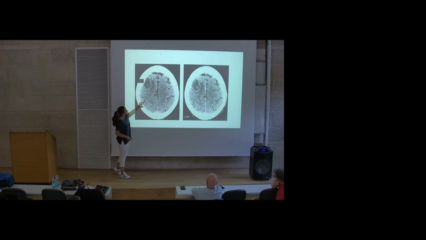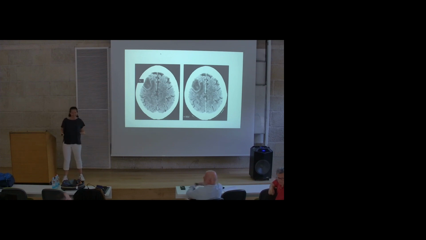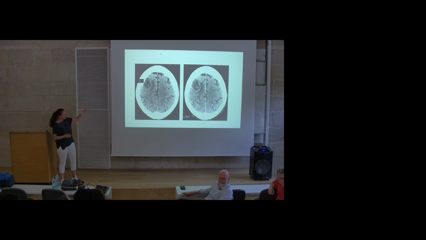So this is the left region, and we will talk about anatomy a little. Are you familiar with the brain anatomy? Okay, perfect. So what do you think? Where's the tumor located?